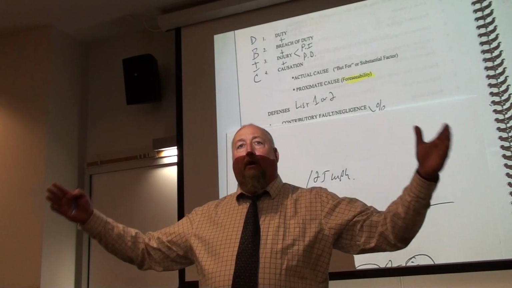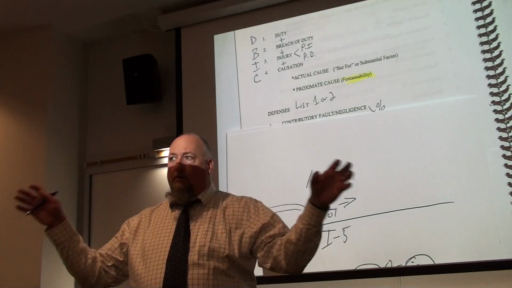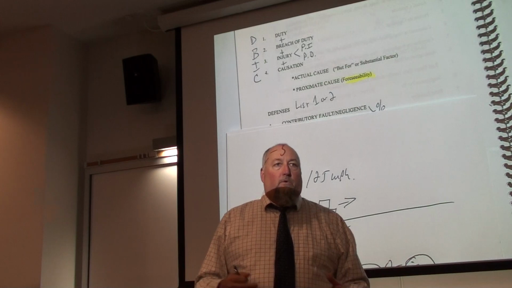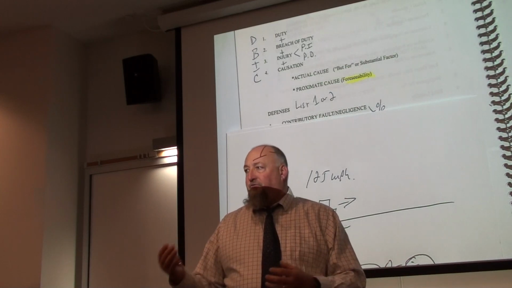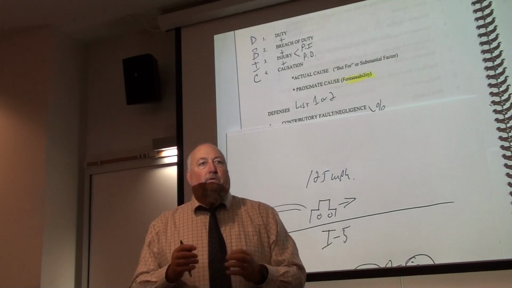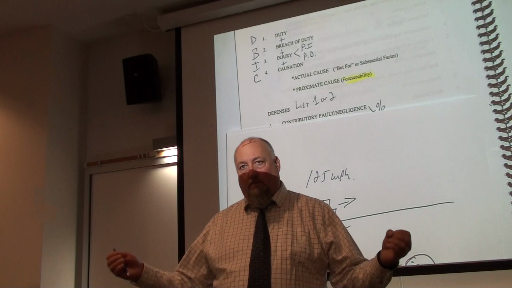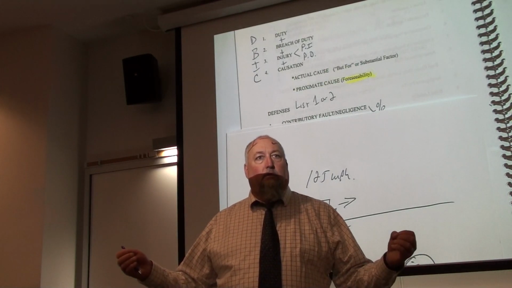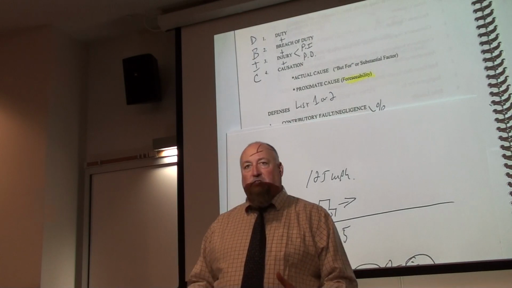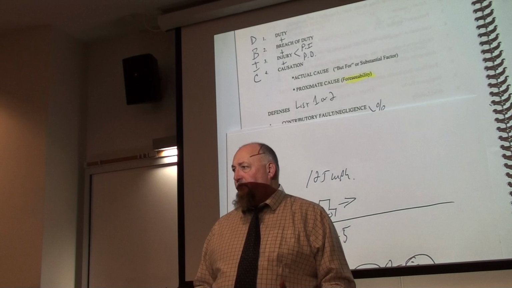And if it's too far removed, too far away, not close enough, then as a matter of law, we would say, even though there was a factual link, albeit very tenuous, it's too far away to be a foreseeable type of injury. And therefore, as a matter of law, you're not liable because it's not foreseeable. Or another way of saying it, it's too speculative.